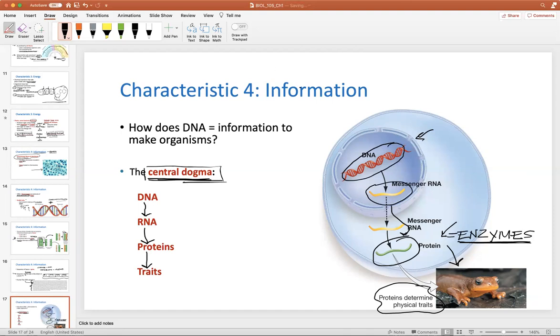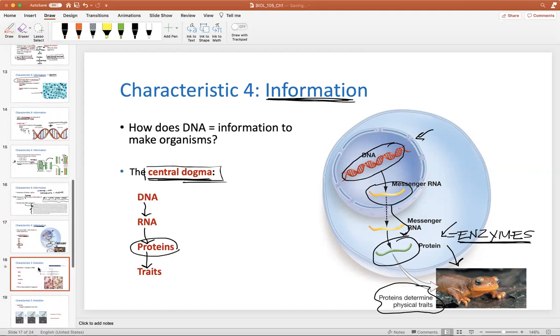So DNA stores information for cells, but by itself it isn't enough. It has to be converted into molecules that can actually do the work of cells, all right? Make sure you understand this concept of the central dogma of biology.